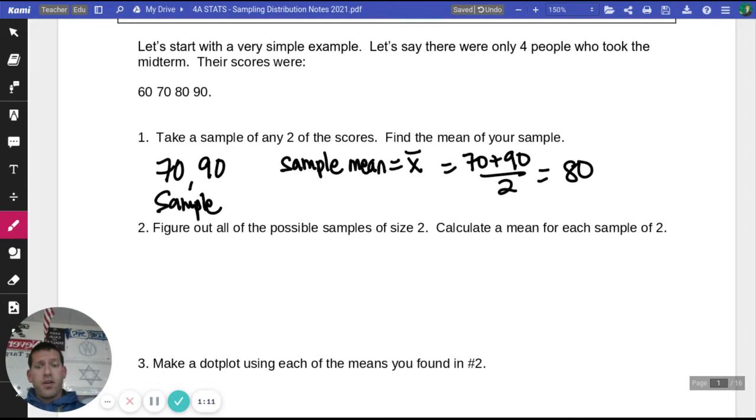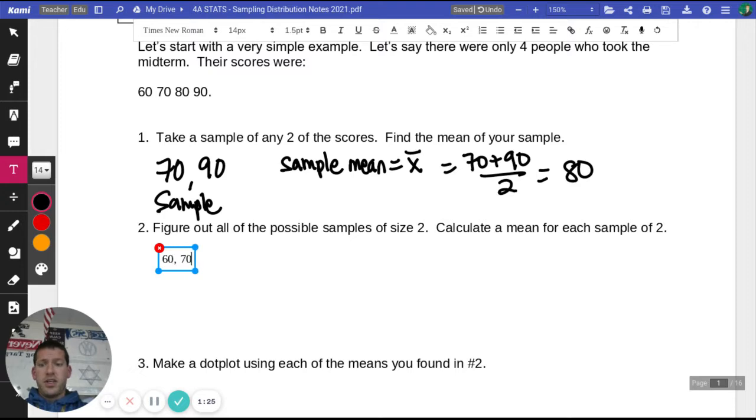So next we're going to figure out all possible samples of size 2, and we're going to calculate a mean for each sample of size 2. So I'm going to write them all down. So we have 60 and 70, which gives us a sample mean of 65.